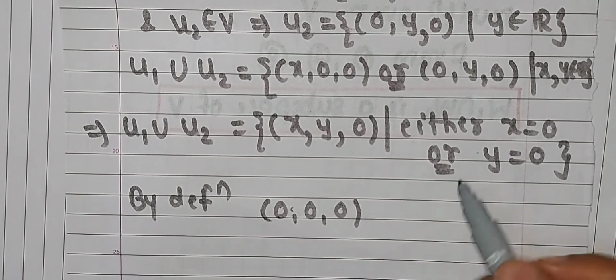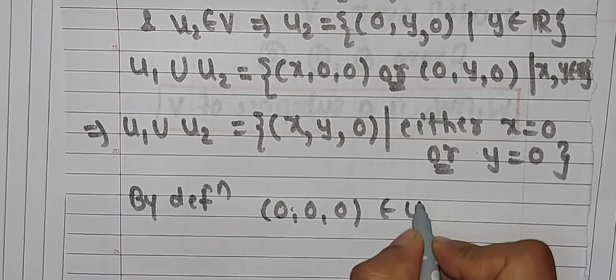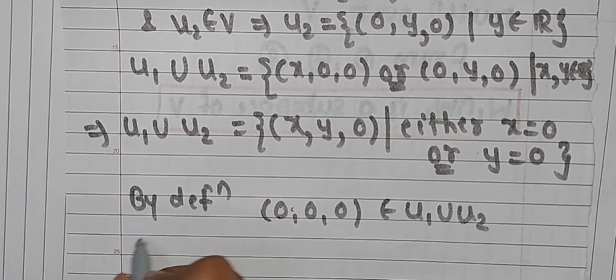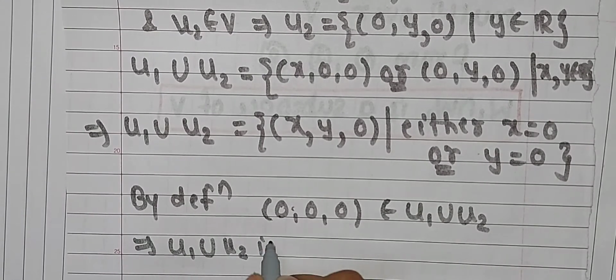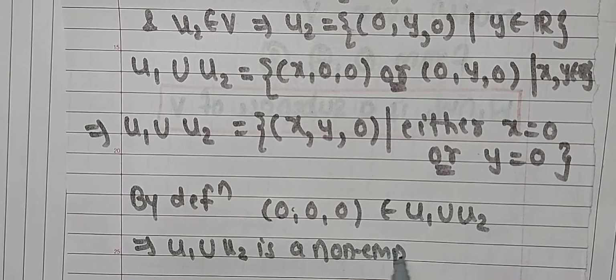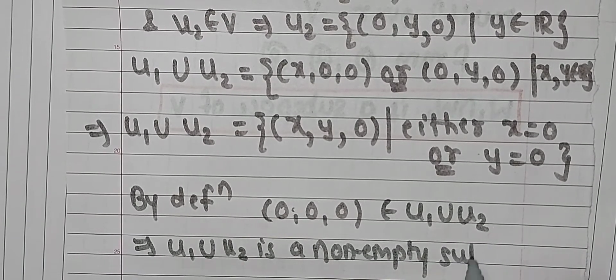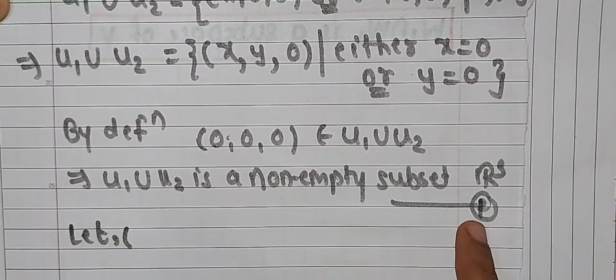Therefore this element satisfies this property, so it belongs to U1 union U2. That implies U1 union U2 is a non-empty subset of the given vector space R3. So this is your equation number 1.